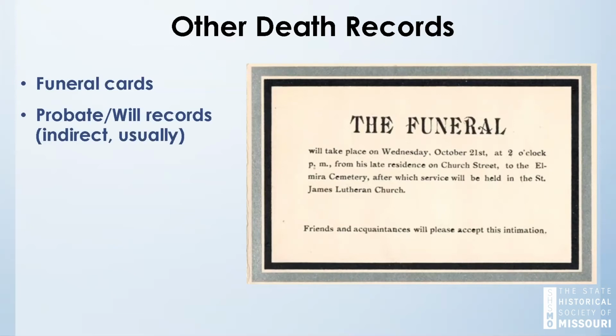Probate and will records are indirect. Typically, people would file for letters of administration on an estate very quickly after the death of an individual. Although that is not 100% true, it's probably 98% true. Funeral home records are good if the funeral home's still around or if the successor's still around. So you can use that.